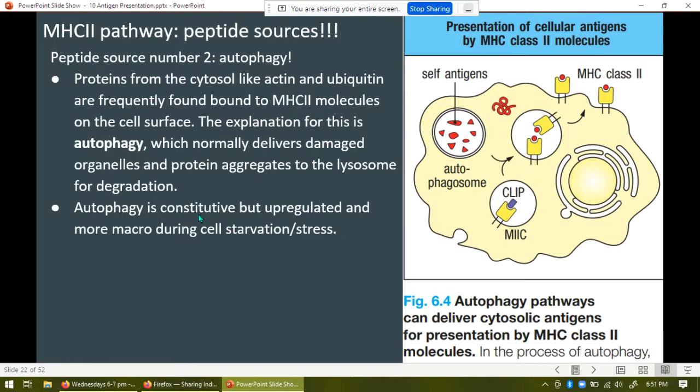Autophagy is constitutive in all cells, but it will be upregulated and will also take on larger structures, so it'll be more macromolecular, during cell starvation and stress. Stress is the key thing for immunology, right? A cell that's infected with a virus is very stressed, so autophagy will be upregulated under that circumstance.